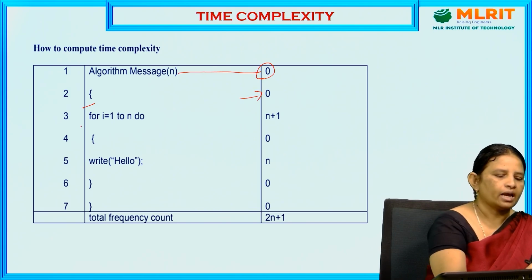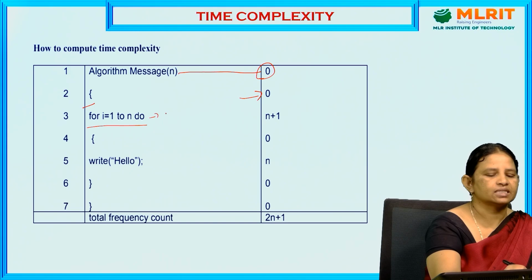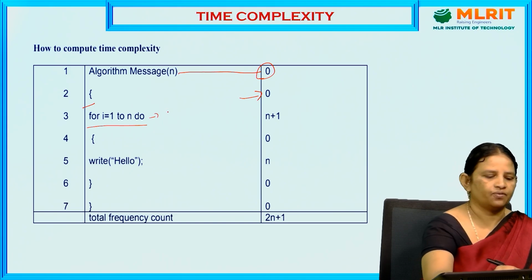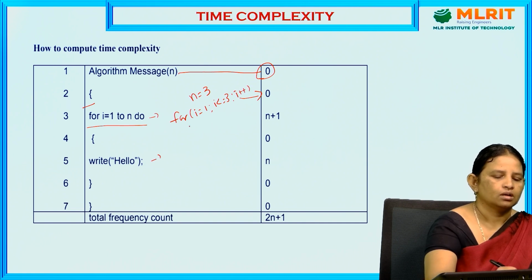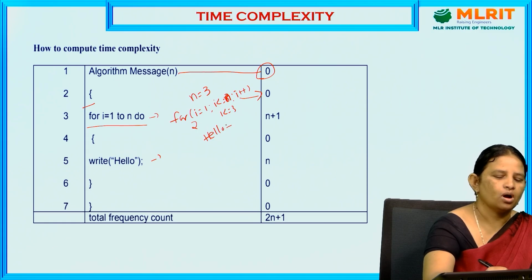Next, for i equal to 1 to n is repeated n plus 1 times. For example, n equal to 3. For i equal to 1, i less than or equal to 3, i plus plus. Initially n equal to 3. First i equal to 1, 1 less than or equal to 3, condition true, hello printed 1 time.